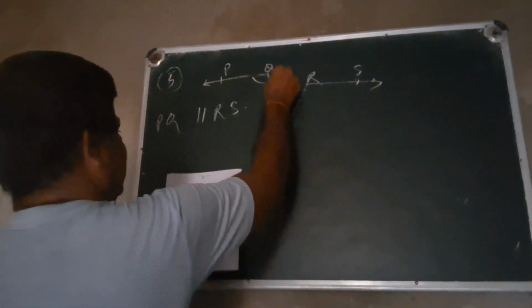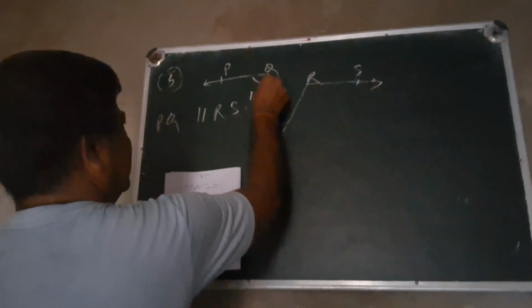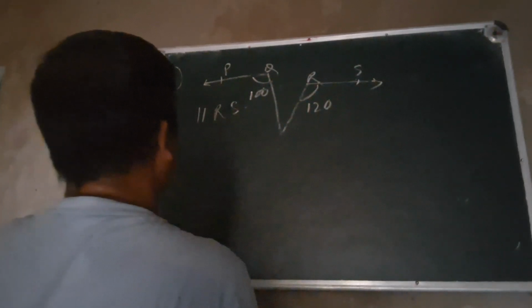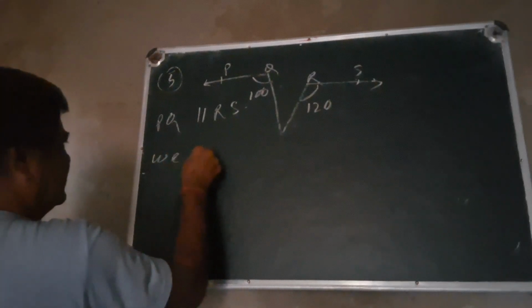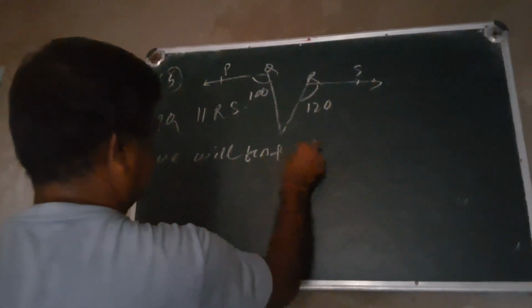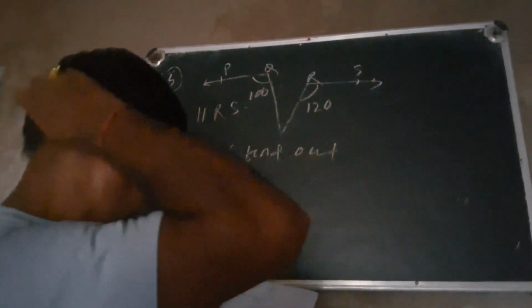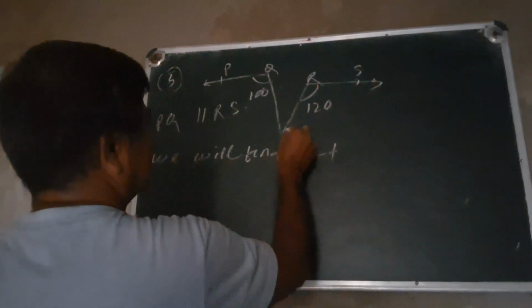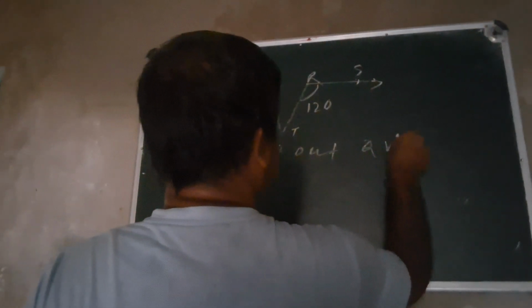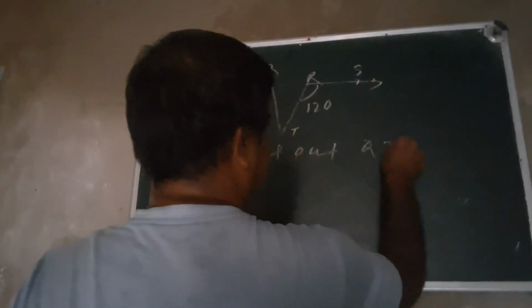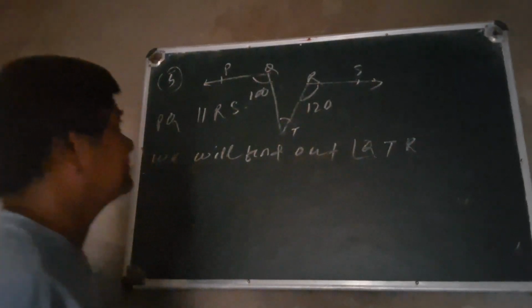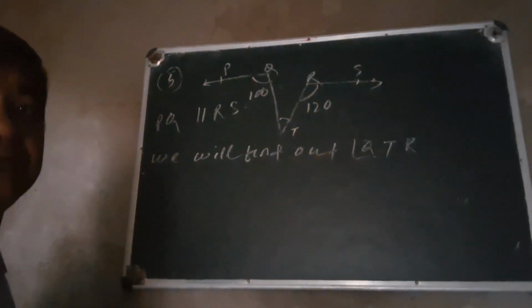This angle is given as 100 degrees. This angle is given as 120. We will find out angle QTR. This angle. How can we find out?